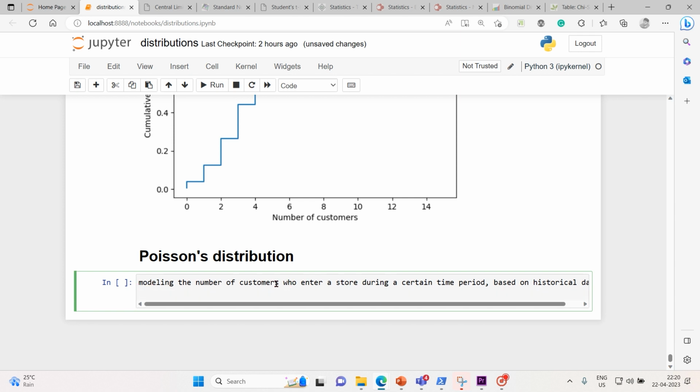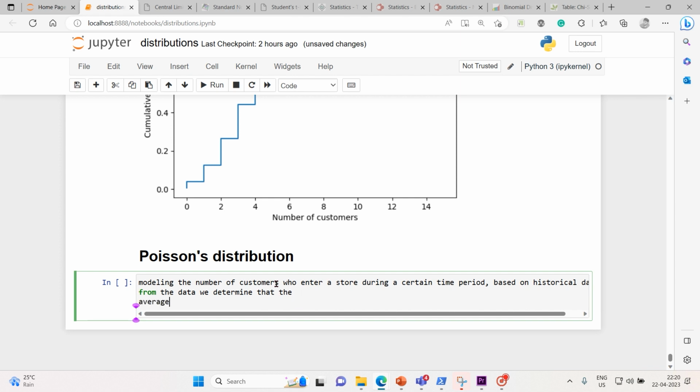From the data we determine that the average number of customers who enter the store during this time period is 5.